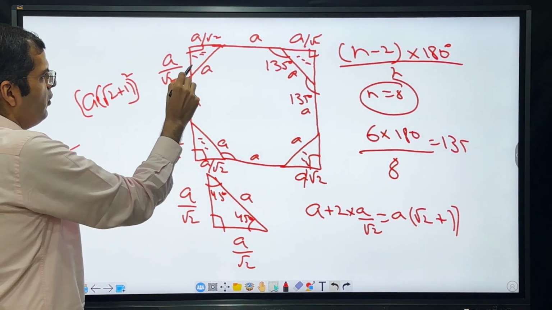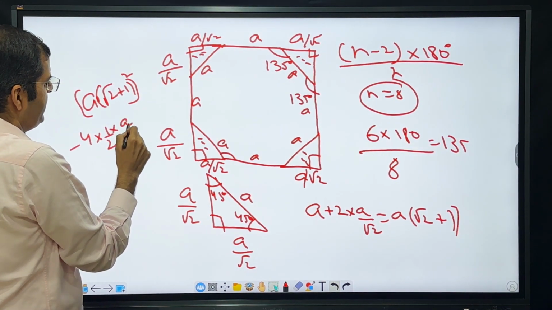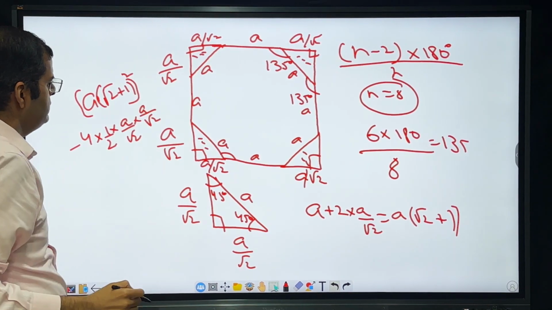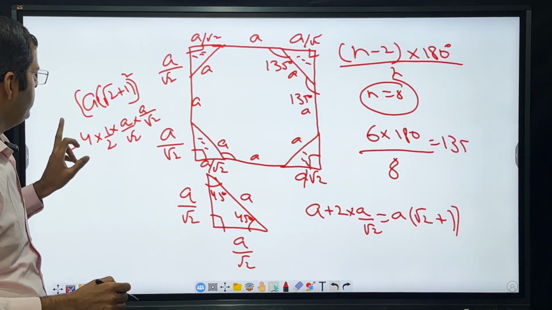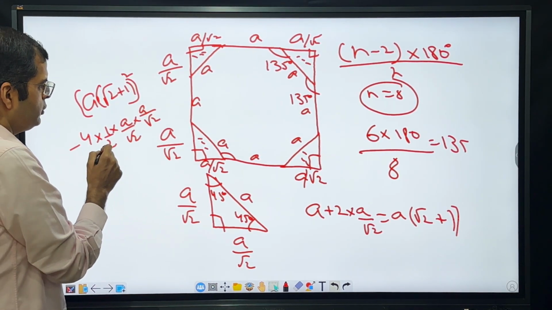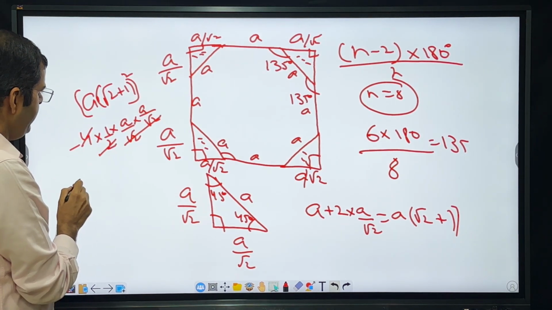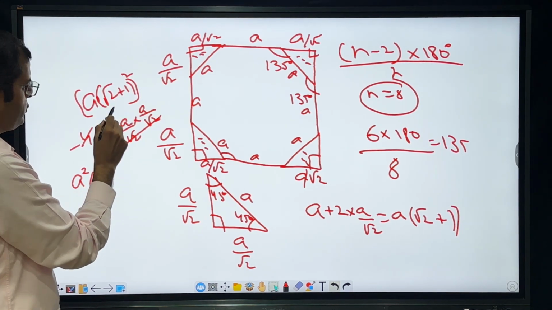So area of 4 right angle triangles will be 4 into half into base is A by root 2. The other base is also A by root 2. A by root 2 into A by root 2 into half, and 4 times of that. Root 2 into root 2 is 2. 2 into 2 is 4. So this goes away. So this becomes only A square. Here it is A square times (root 2 plus 1) square of that.